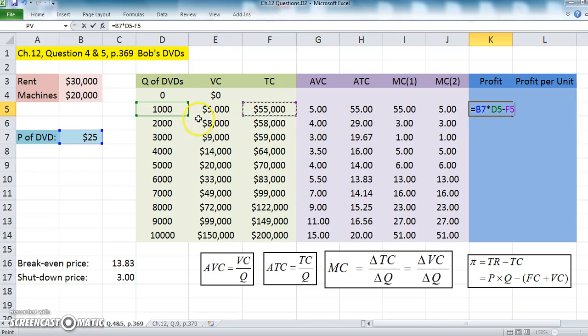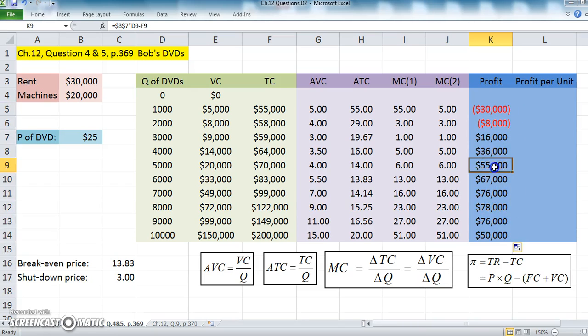But again, I want to tell Excel to keep on using that price of 25, and so I'm going to have to put a $ sign in front of B and in front of 7. Okay. And then hit enter, and it gives me my profit. And I can do the calculation all the way down, double-clicking on the corner. And yes, just to check, it keeps on using the price of 25, multiplying the quantities, subtracting the total cost. Okay.